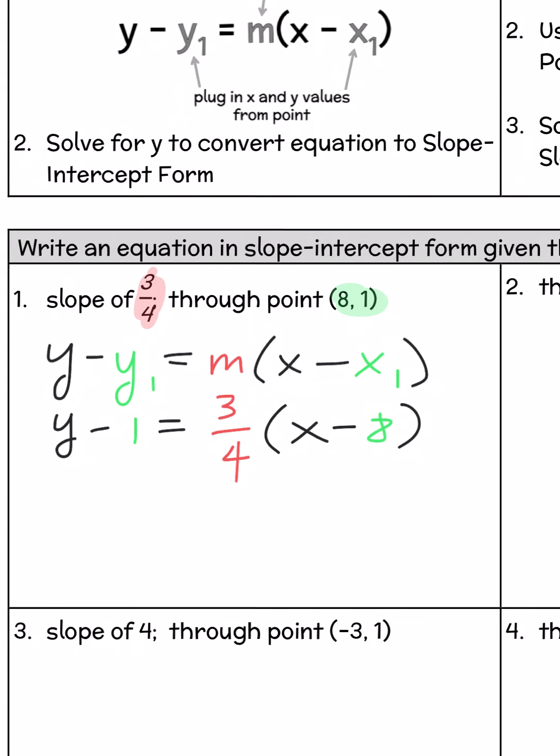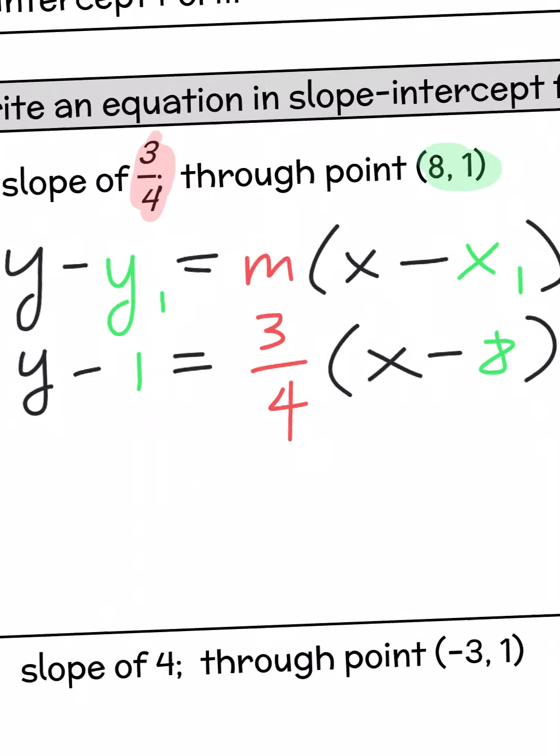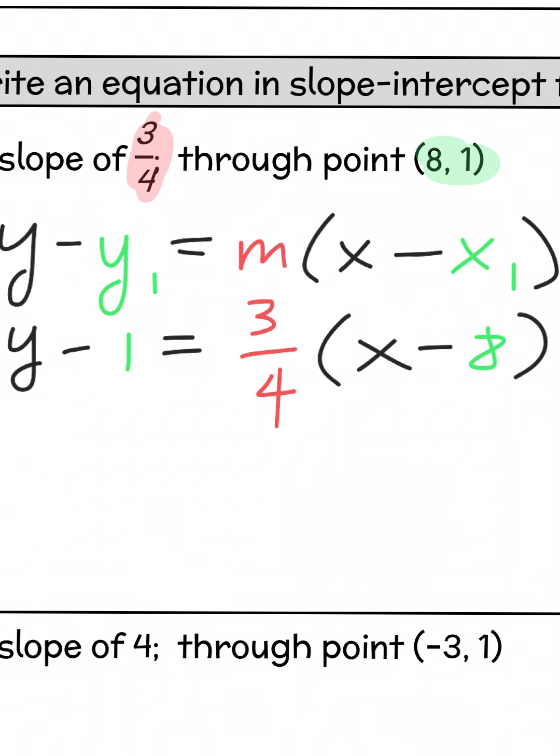Now, to write my slope-intercept form, I have to do some extra work. First thing I have to do is distribute this 3/4 times x and 3/4 times -8. I leave the left side alone.